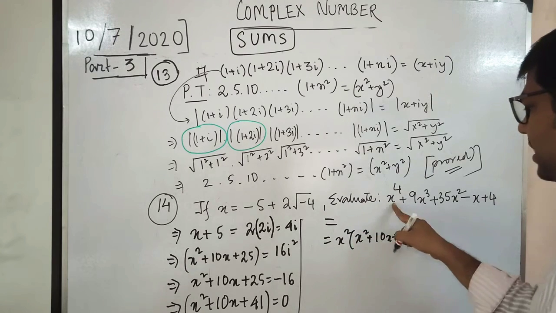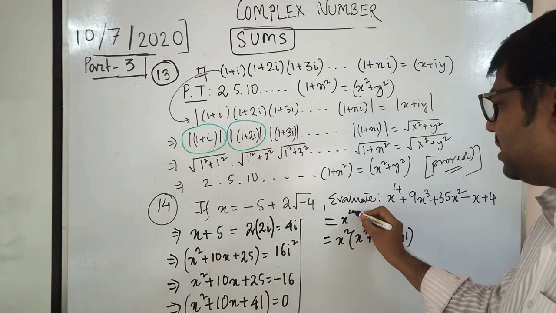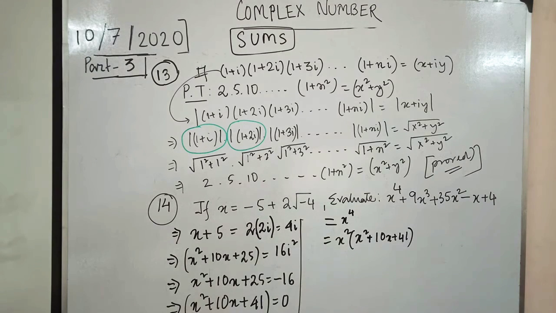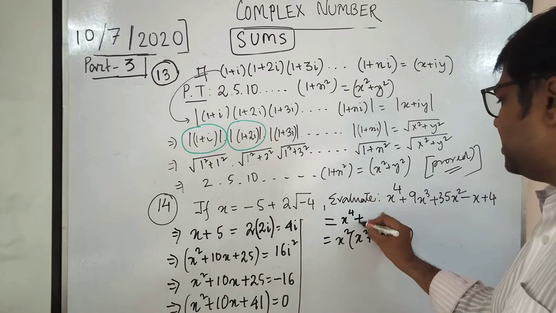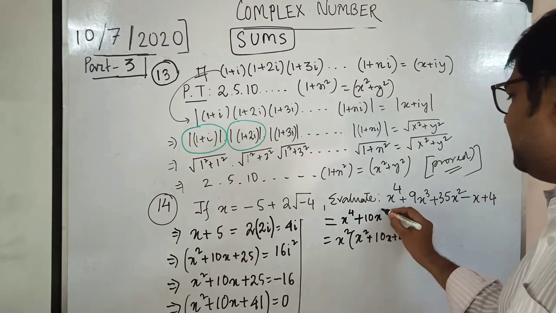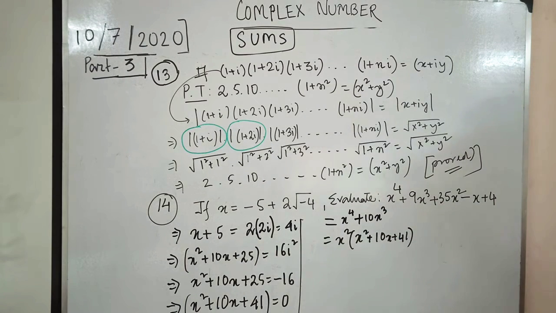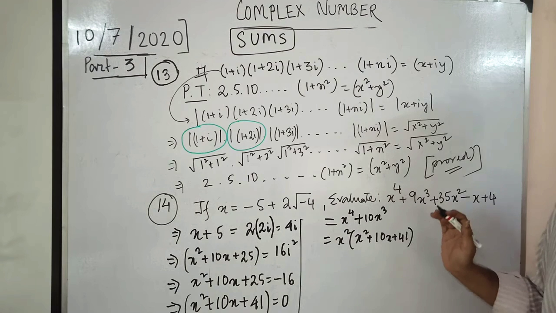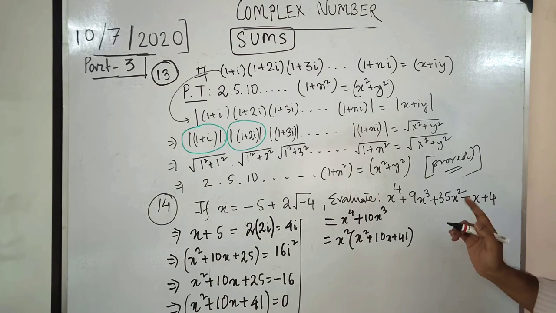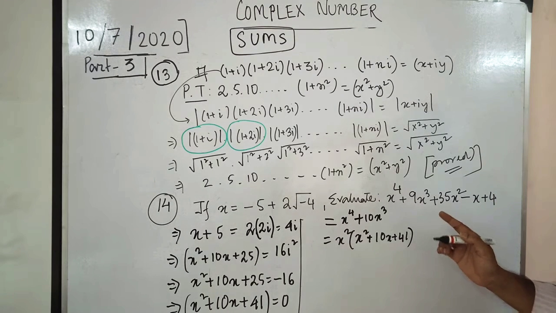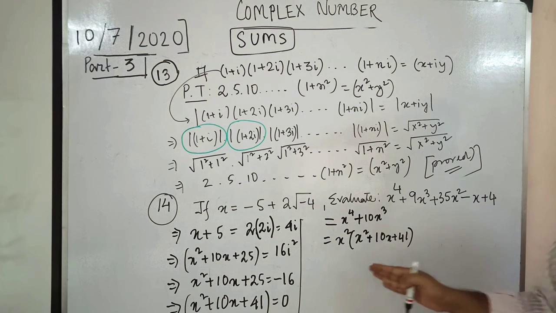Because I want to get an x4 over here. So I got an x4. Then I got plus 10x cube. Why plus 10x cube? x square into 10x. See this thing, if you have not done it earlier, you won't understand in one line the first time. So please see this video again and again.